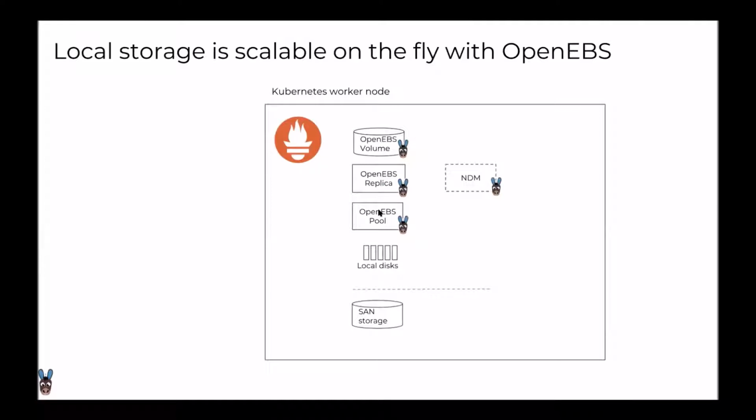An OpenEBS pool is a concept where the disks are abstracted out and presented as an object to the replica, which really means that you can add disks on the fly to the pool, and the replica does not even know that there is some additional operation available.